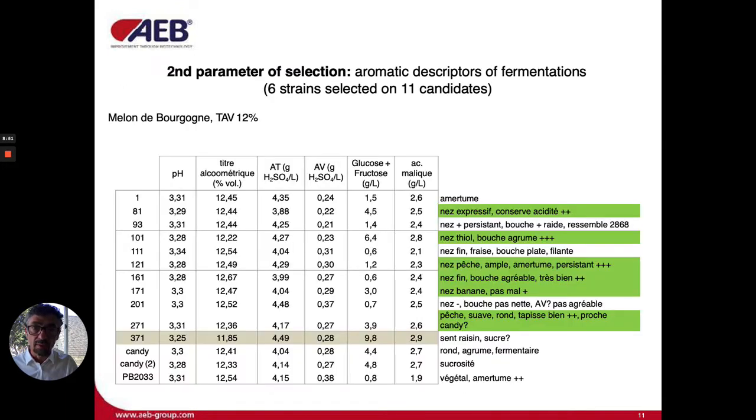Out of 28, we restricted to 11 candidates. Then we went on in our French plant, actually you see the notes here in French, to a sensory evaluation. We were looking for citrusy, as you see here, agrume, and other characteristics that we decided were positive that made us select 6 strains out of the 11.